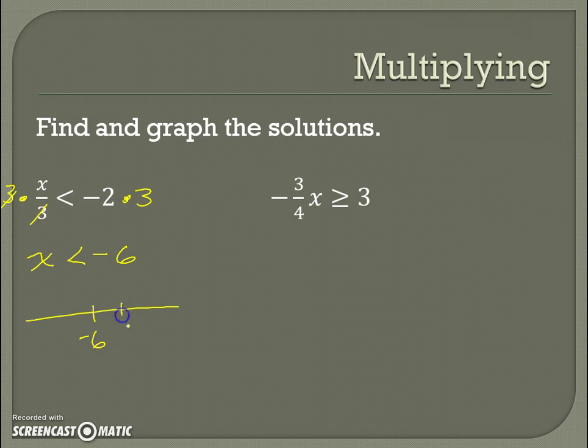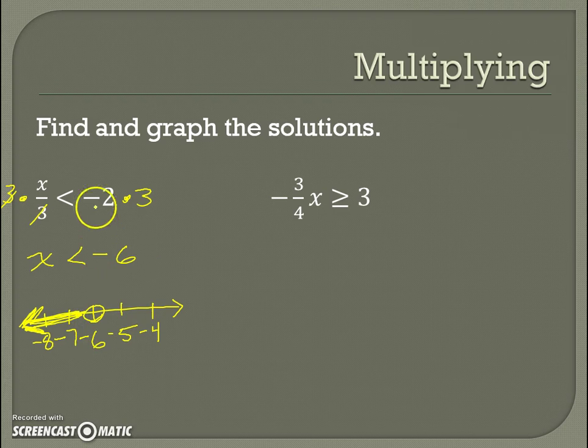We talked about this in the last video. Just make sure that you are going in the right direction. And then I have negative 7, and I have a negative 8. It is an open circle, and it goes this direction. Also, make sure that you are coloring this in on the number line itself. So, x is less than negative 6.